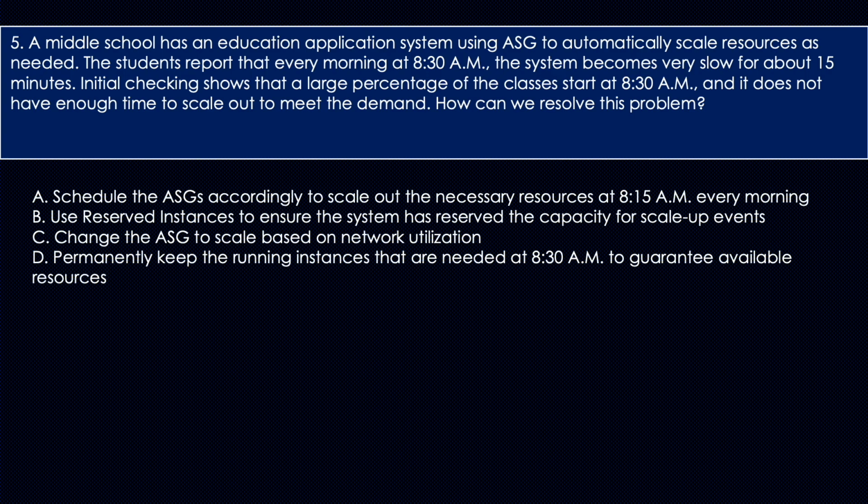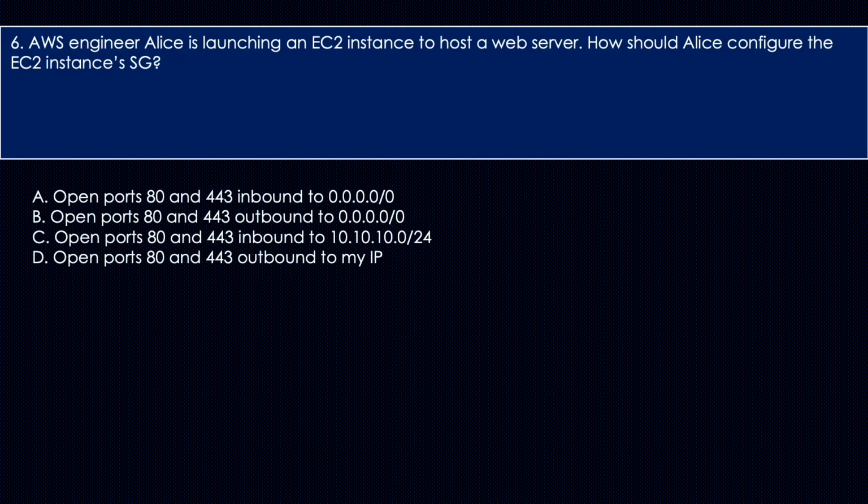every morning. 6. ORS engineer Alice is launching an EC2 instance to host a web server. How should Alice configure the EC2 instance's SG? A. Open ports 80 and 443 inbound to 0.0.0.0/0. B. Open ports 80 and 443 outbound to 0.0.0.0/0.